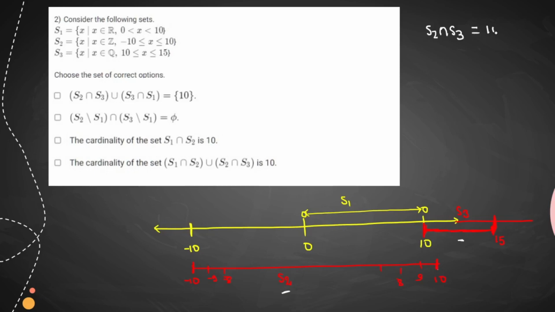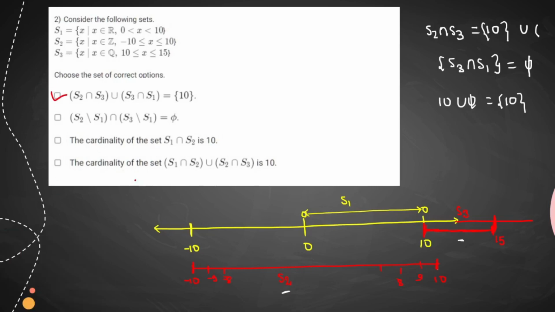Then union S3 intersection S1. S1 is from 0 to 10, not including 0, and S3 starts from 10, so S3 intersection S1 will be empty. So the union of 10 and the empty set will give 10. So that's why the first option is correct.